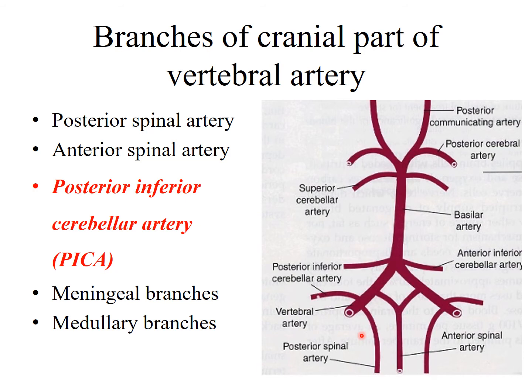The next branch is the PICA, the posterior inferior cerebellar artery, which is the largest branch of the vertebral artery and supplies the cerebellum. The remaining are the meningeal branches and the medullary branches. The important and largest branch is the posterior inferior cerebellar artery.